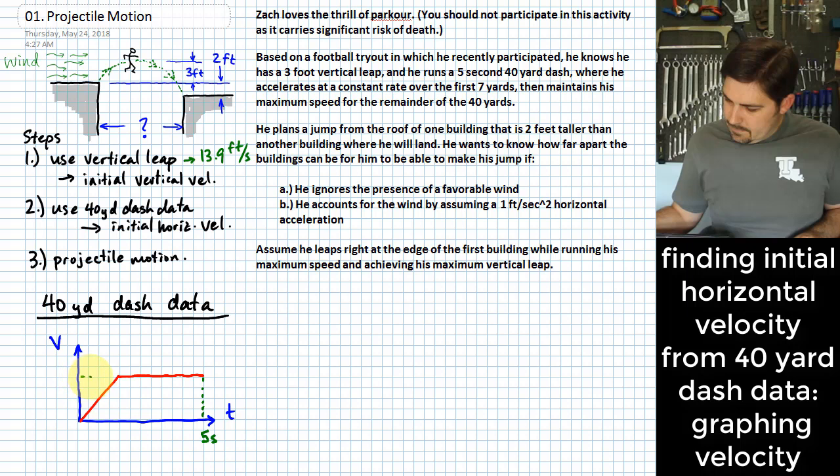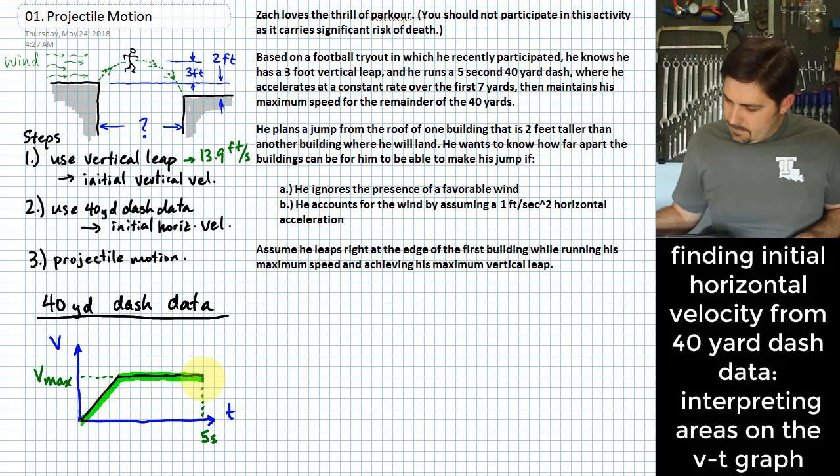What else do we know here? Well, what we're trying to look for is this maximum speed he is able to attain. So let me call that V max, because that's what we're actually looking for. One other thing we'll put on here real quick, and that is if I was to draw a border around a particular area on this chart, we notice here that the area on our VT diagram or plot is distance.